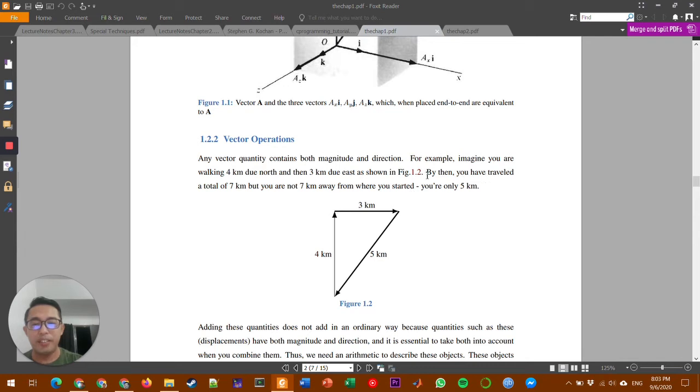By then you have traveled a total of 7 kilometers, right? Because you have 4 due north plus 3 due east, so that is 7, okay?